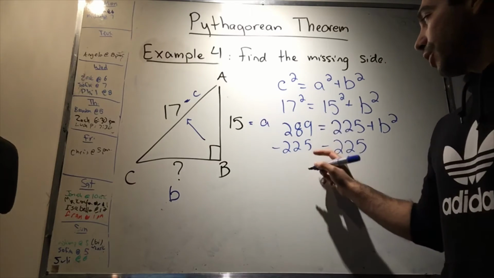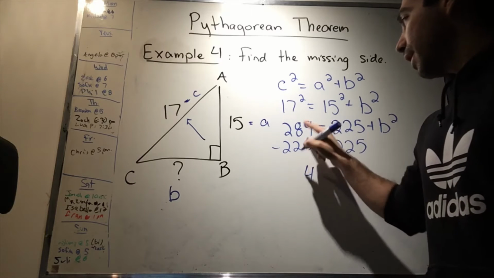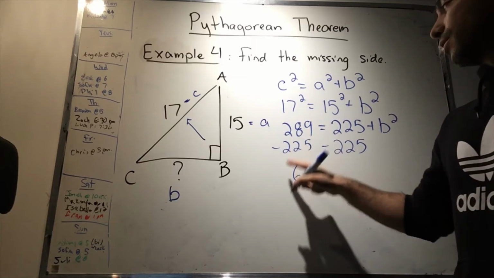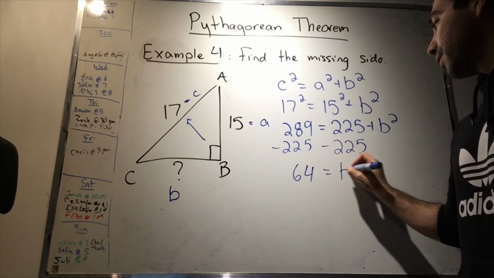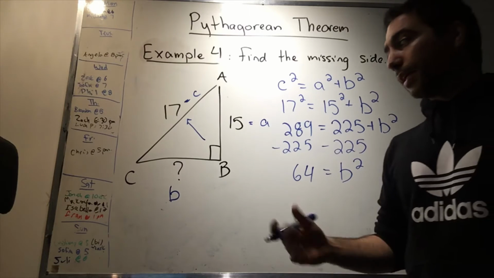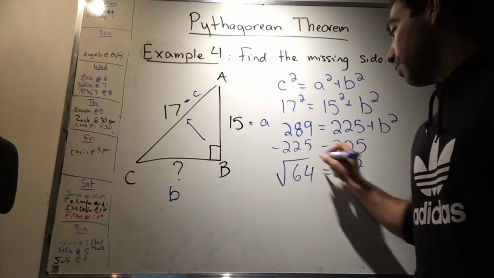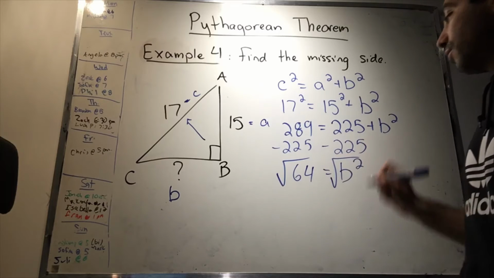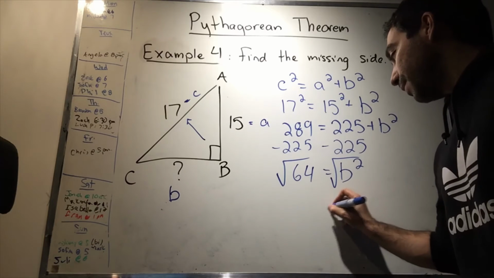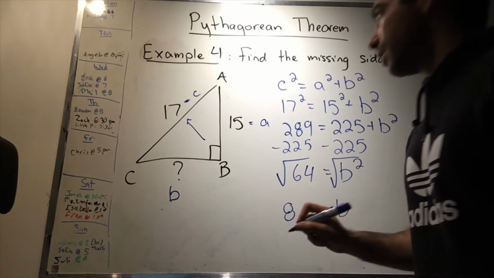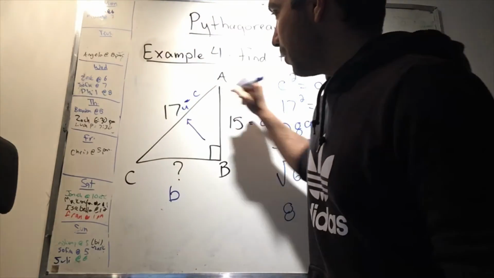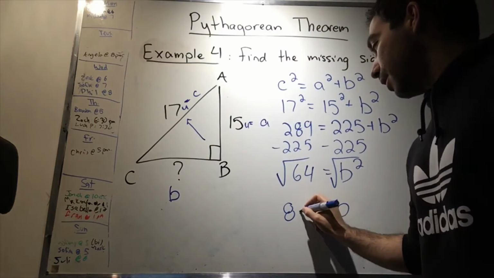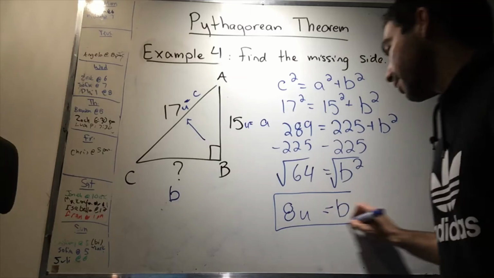When we do this, 9 minus 5 is 4, 8 minus 2 is 6, 2 minus 2 is 0, so we get 64 equals b squared. Last step again, we don't want b squared, we want b, so we square root. So we get b equals 8 units. Here there's no units, so I'll put u for units. This is the answer.